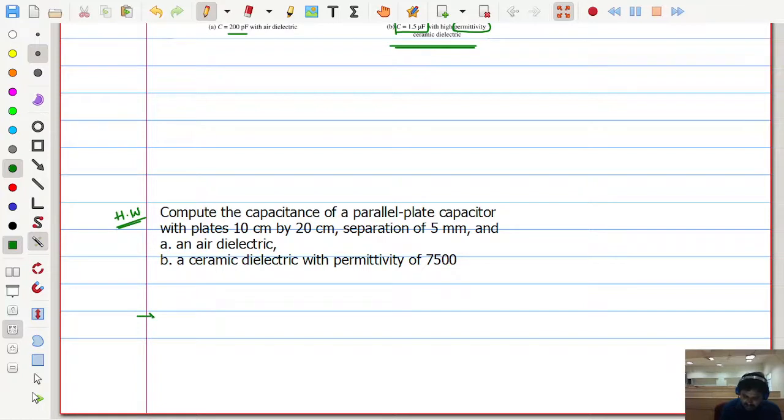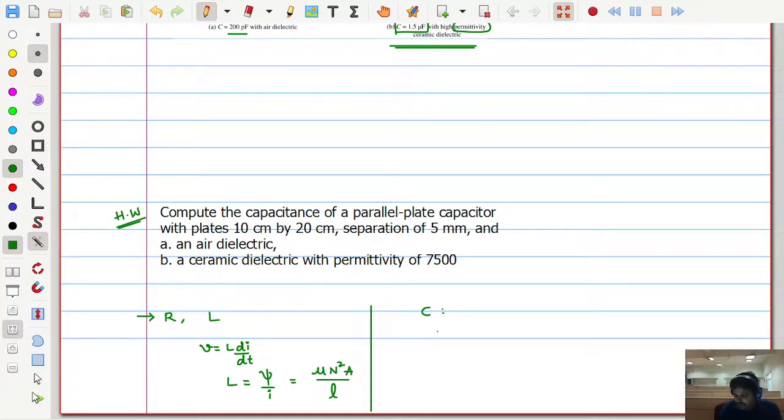What we had seen: the resistance, some properties, and the inductance relationship, that is V is equal to L into di by dt, where L can be written as flux linkage to the current, which can also be written as mu n square A by L. And the other is the capacitor.